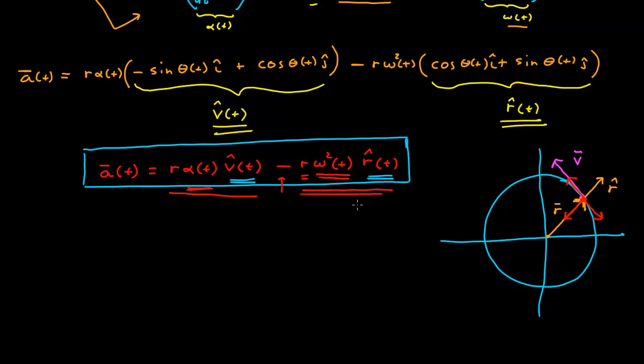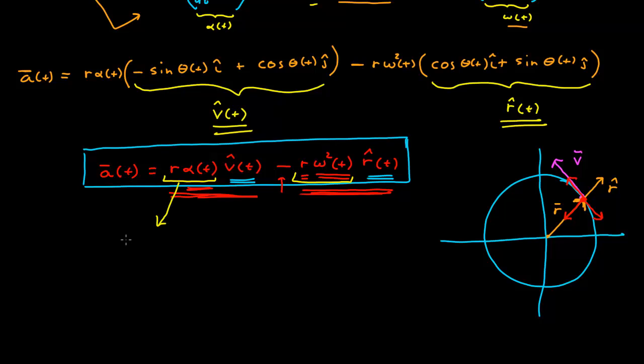And so that is interesting. While this can go in either direction, this always points towards the center of the circle. Okay, so now I want to look in particular at these magnitudes. What exactly are they doing?